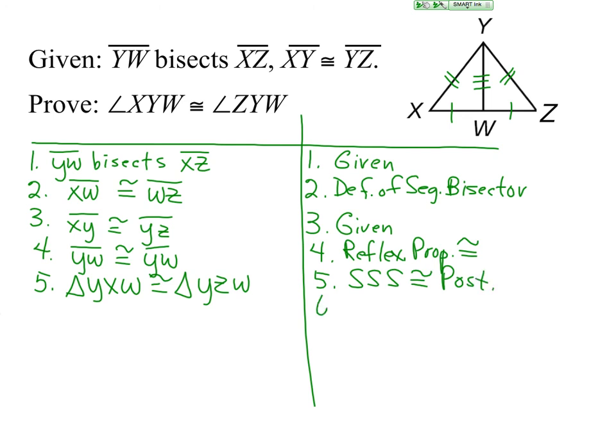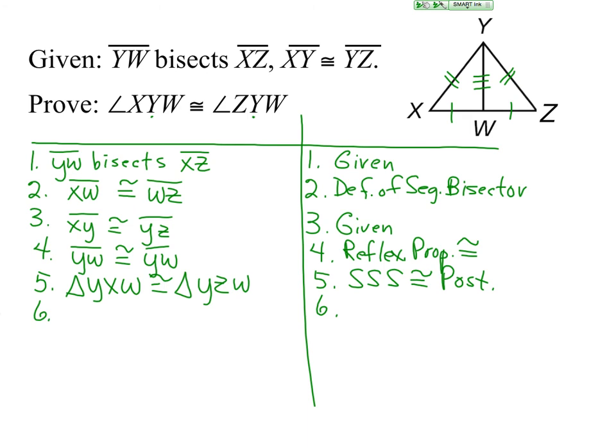But that's not what it said to prove. Is this angle, which would really be angle Y in that first triangle, congruent to the angle Y in the other triangle? Angle Y in this one, angle Y in that one, looks like they do match up.